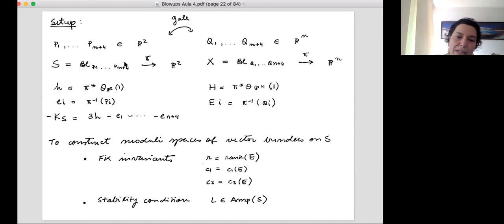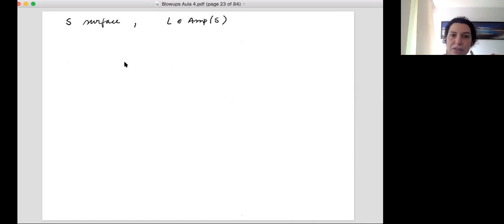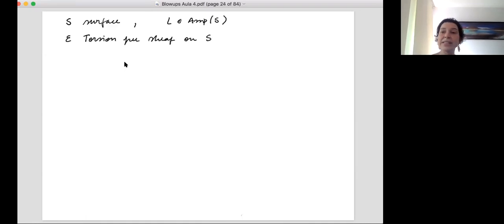Okay, so now let me introduce this moduli space in general for any surface S and for any line bundle L. In fact, we will not only look at vector bundles, but we are going to look at torsion-free sheaves on S. So this is more general.